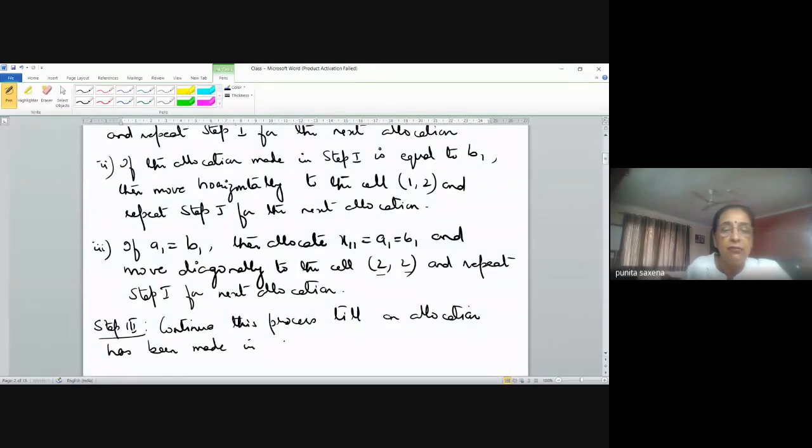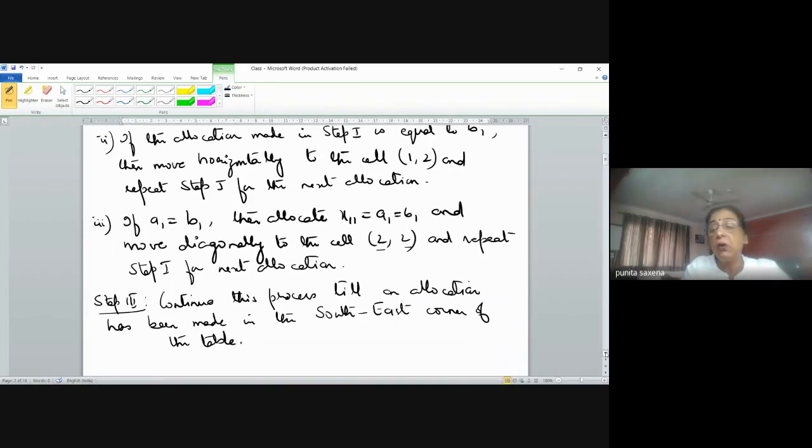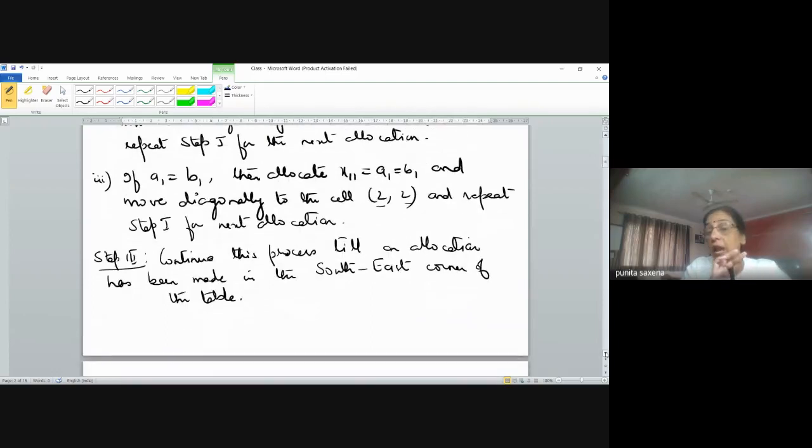See, we started with the northwest. So where should we end? Southeast, the corner of the table, that means the right-hand bottom corner. And this is a very logic-based allocation that we are doing. Obviously we are not considering cost at all.